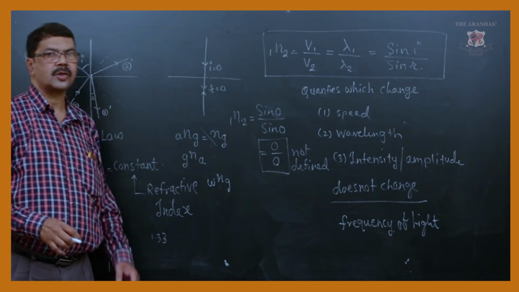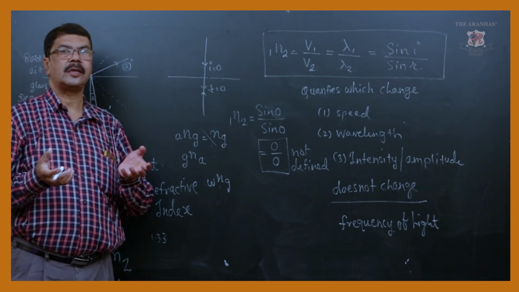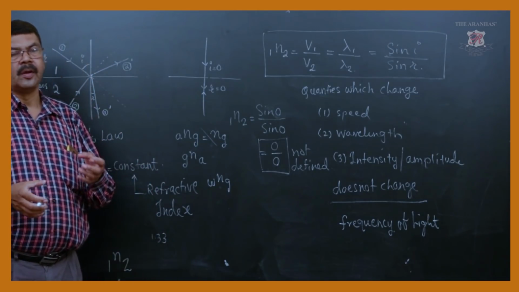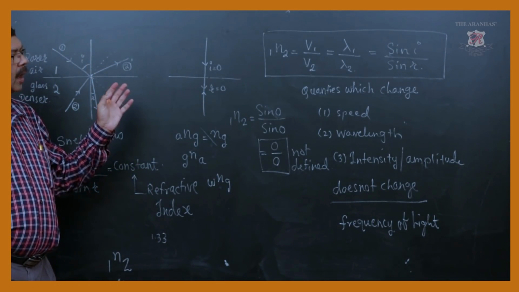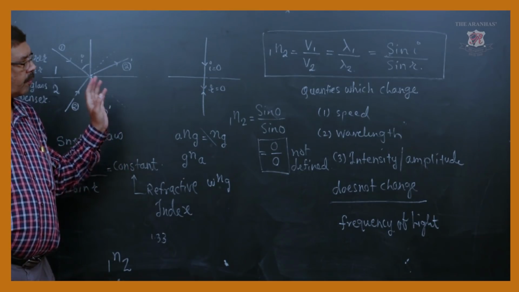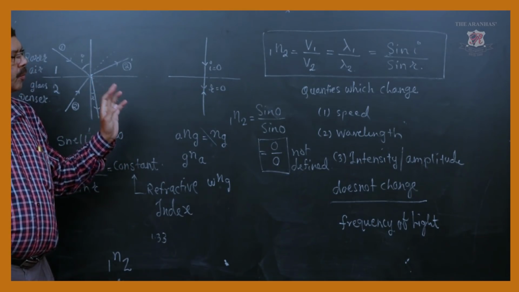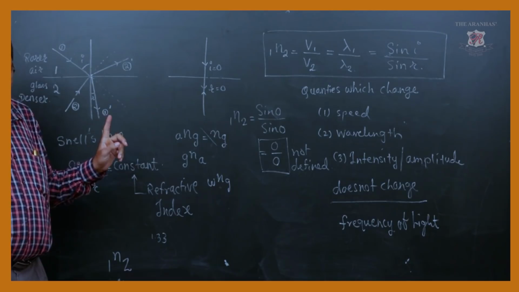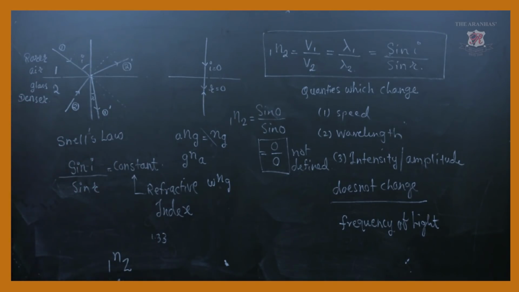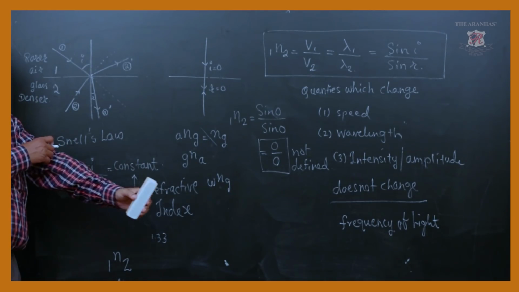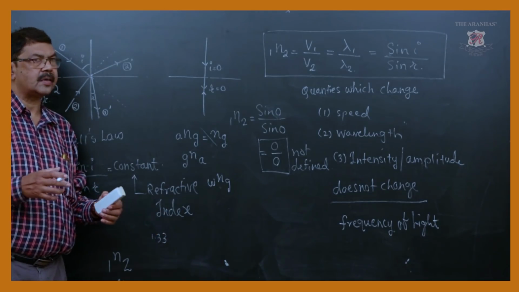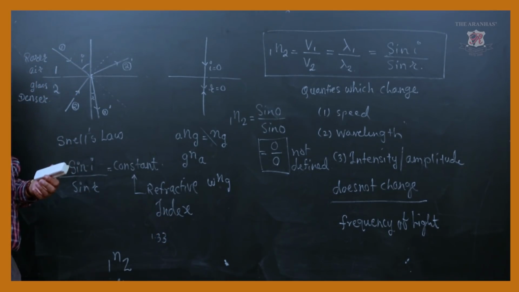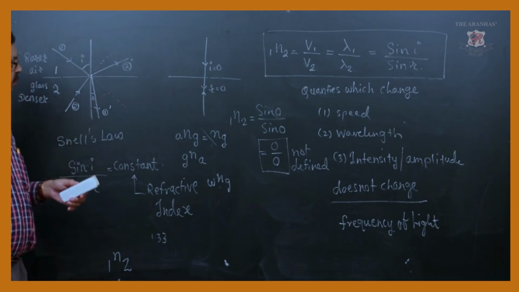There are a few numericals solved in the textbook, a few numericals given for practice, and a few numericals which are application type. So we will be solving all types of numericals first and then go to the further part, that is total internal reflection and certain phenomena like why the sun appears to be red, dispersion of light, etc.